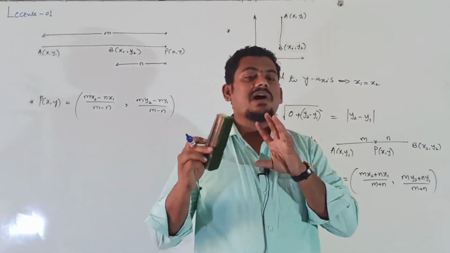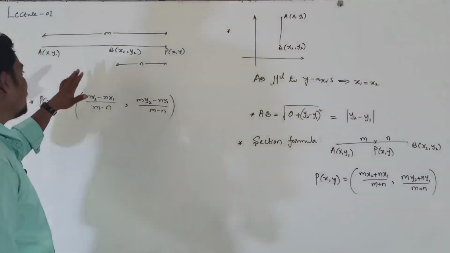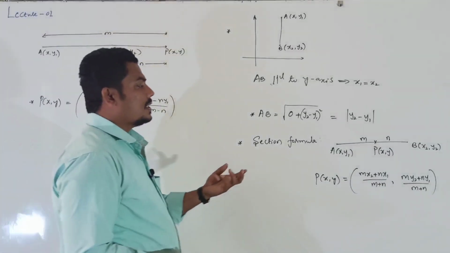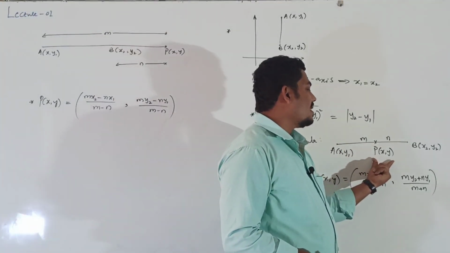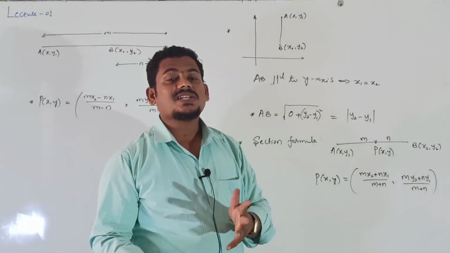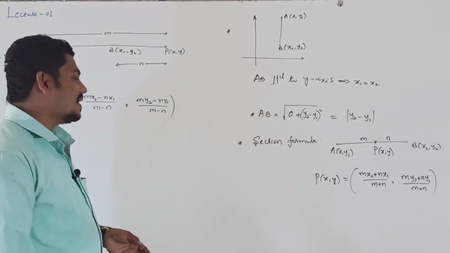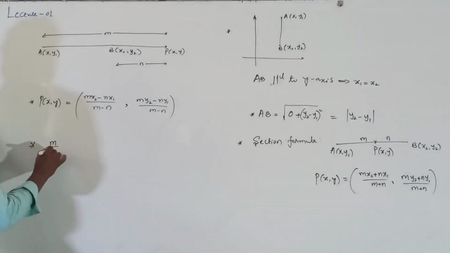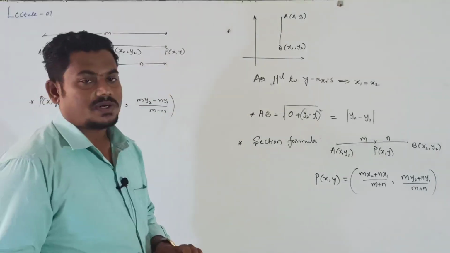Suppose we want the ratio, in what ratio this point P divides AB, either internally or externally. Clearly, A of x1 y1, P of x comma y and B of x2 y2 are given, then in what ratio does point P divide AB? If you want the ratio, then what is the formula? Point P divides AB in the ratio of m by n; the value means the ratio.